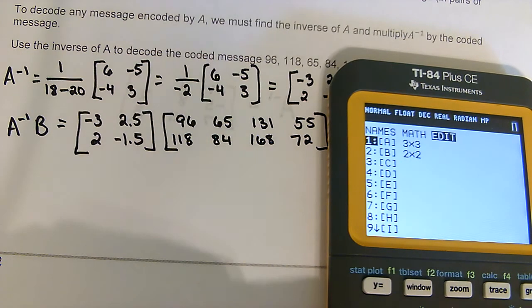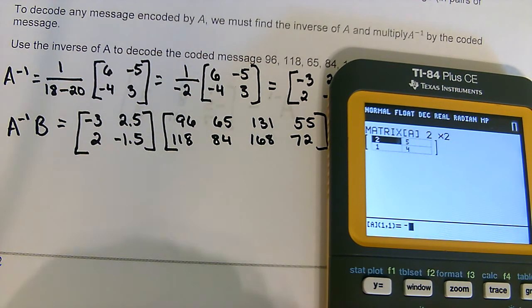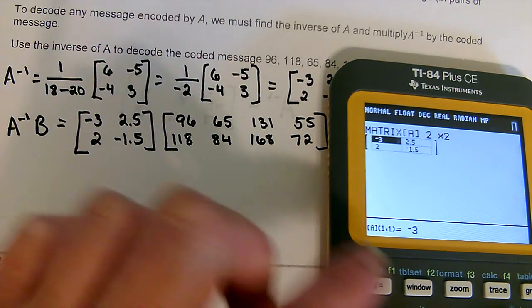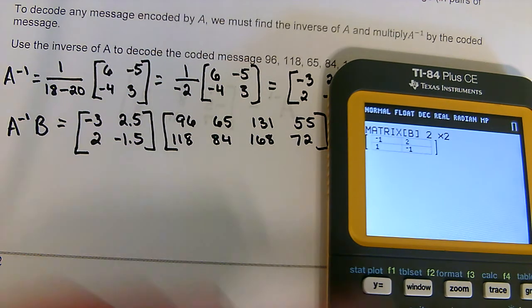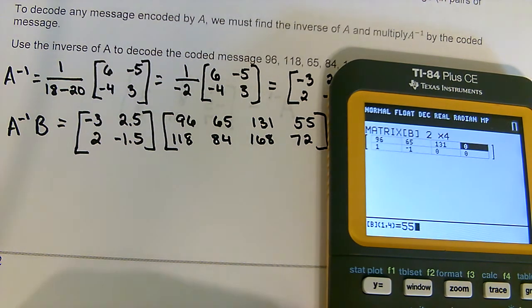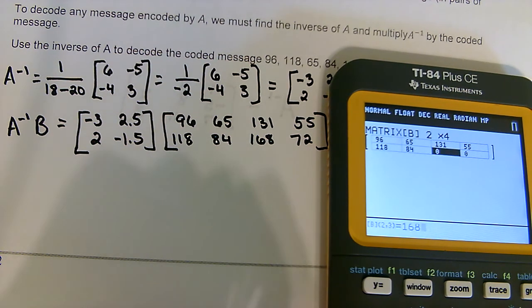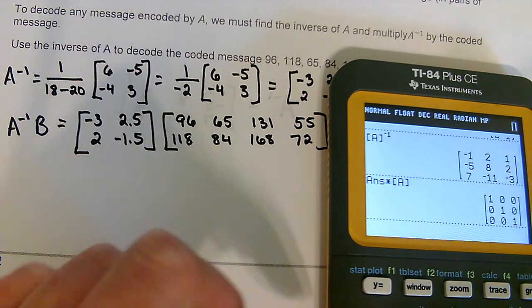So go back into the matrix. A is a 2 by 2. And then I'm going to go back and edit matrix B, and that would be a 2 by 4. Quit.